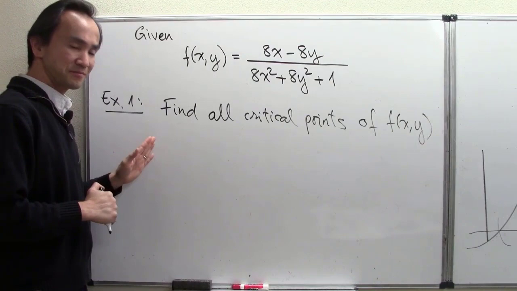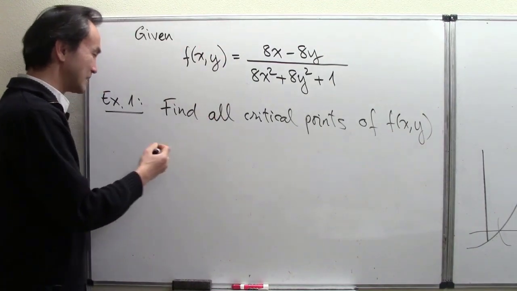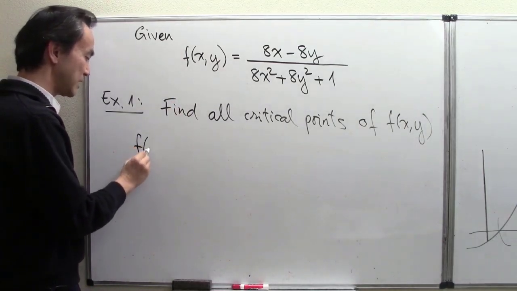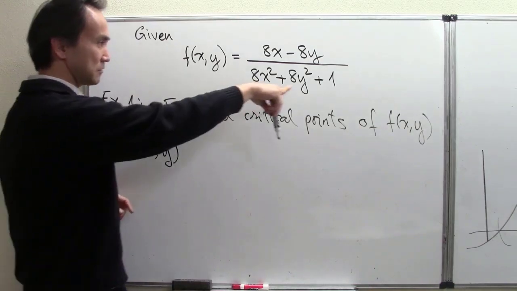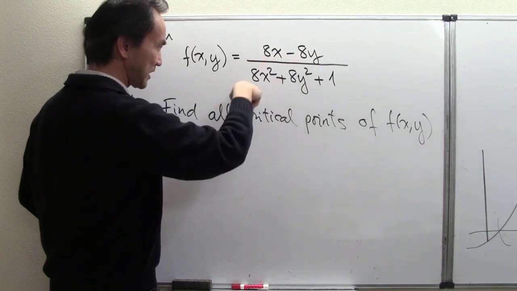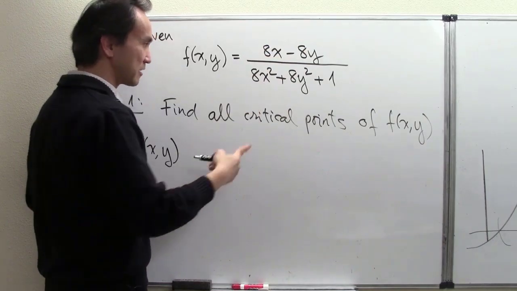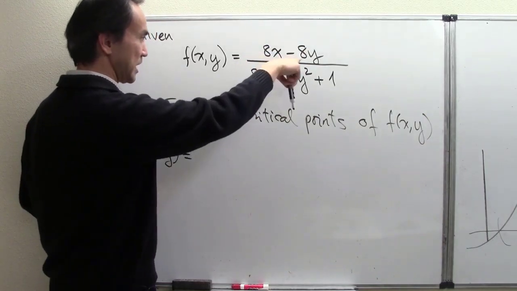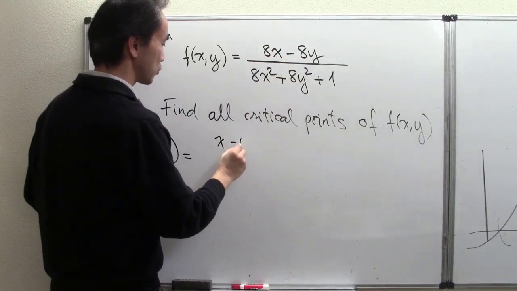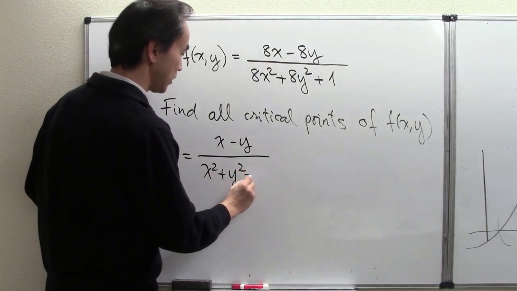I should have done this before I wrote down example 1, but before we get started, this function can be simplified. I see the factor 8 present in a lot of terms throughout the numerator and the denominator. We can cancel out that common factor 8, making it x minus y over x squared plus y squared plus 1/8.